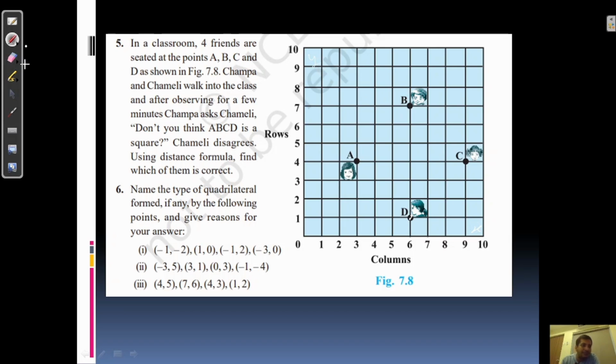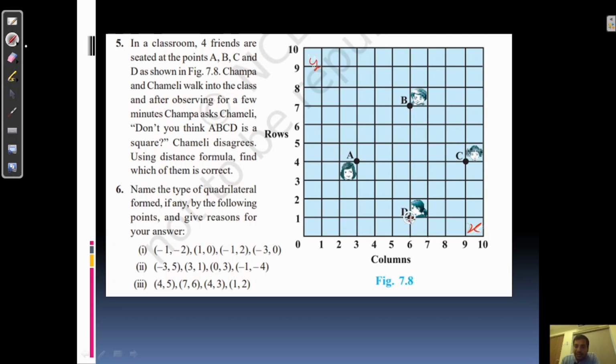Just please don't mind it. Now I can change it. Okay, red color. Just 1 minute. So this is my x-axis, this is my y-axis.